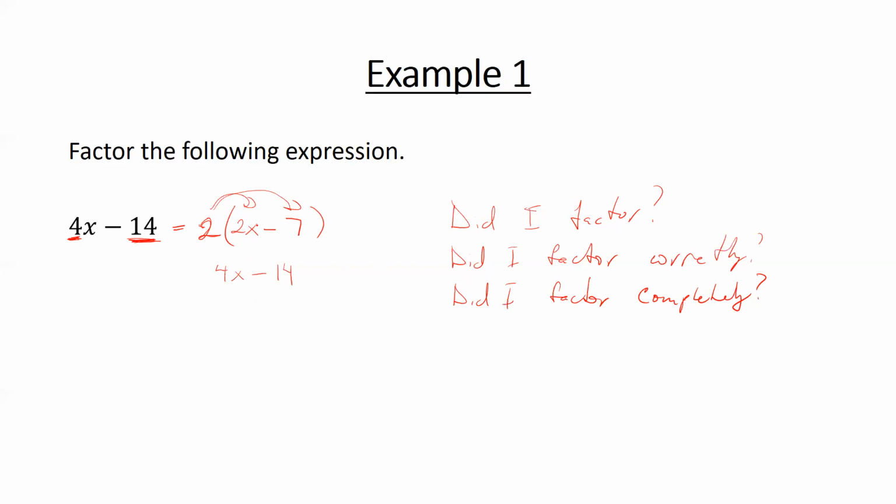Well, if you look at what's inside of the parentheses, 2x minus 7, there are no common factors here, so there's nothing more for you to factor out. You did factor completely. So that's a checklist of things you may want to quickly ask yourself before moving on to the next problem. Is this factored? Is this factored correctly? Is this factored completely? Let's take a look at the next example.